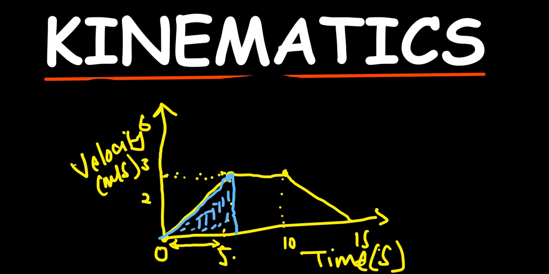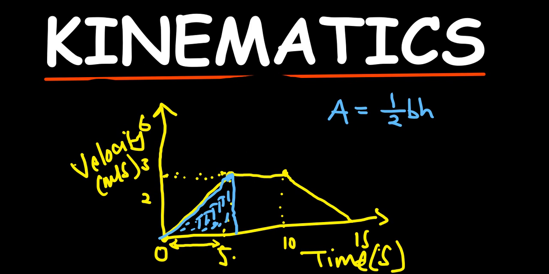Okay, so how do we find the area under this? Remember the formulas that we use to find the area of a triangle. If we have a right angled triangle, the area is just 1 over 2 BH. So this is the formula that we are using.